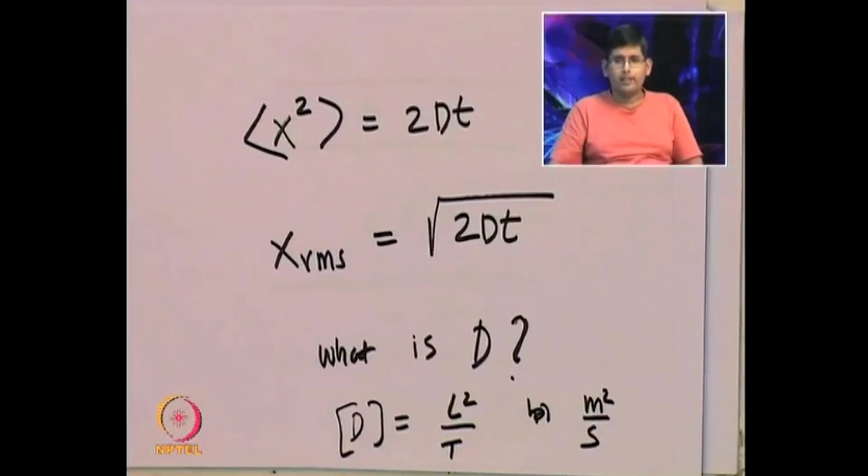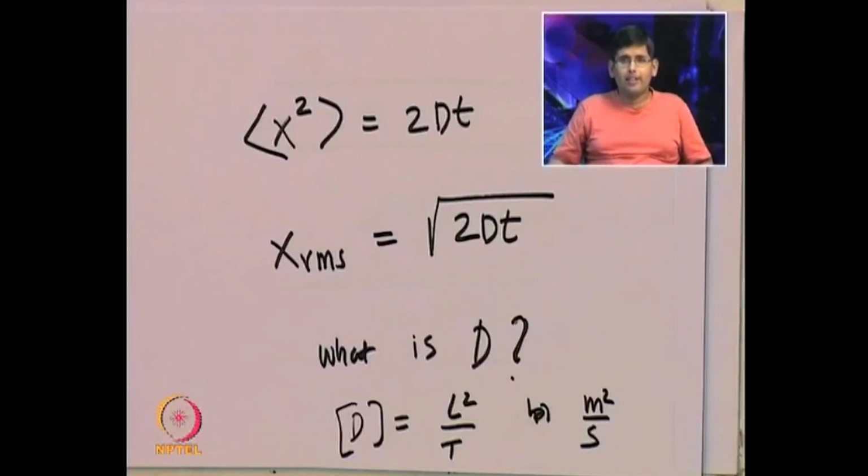So now what is this D? D is the diffusion coefficient. What does that mean? Diffusion coefficient essentially contains the property of the medium in which you are putting this protein. If you are doing it in water, it contains the property of the water, like the viscosity of the water. It also contains the temperature.